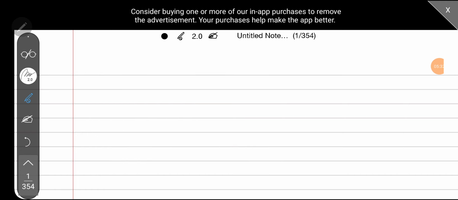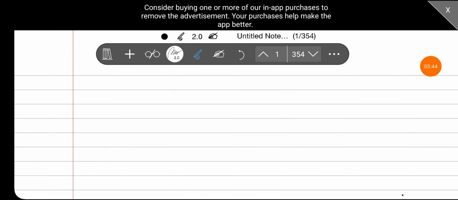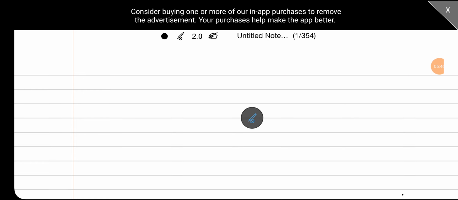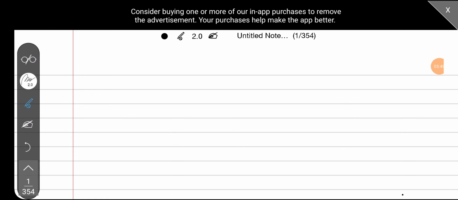Now let's use the second method, which is completing square. Let's take an example for this.